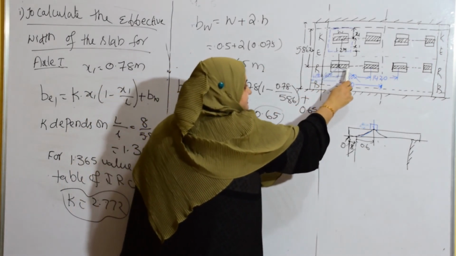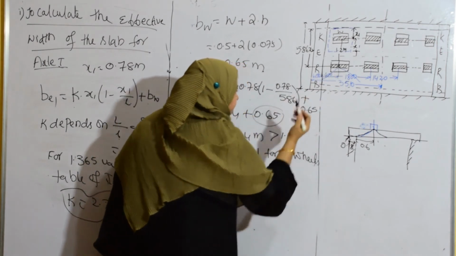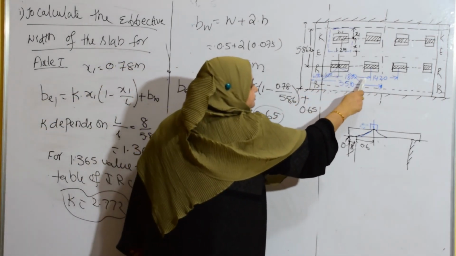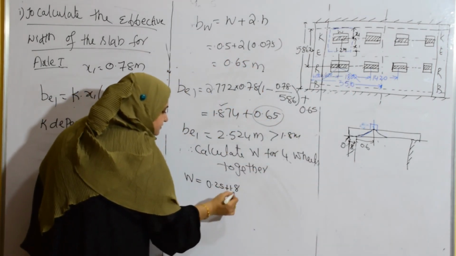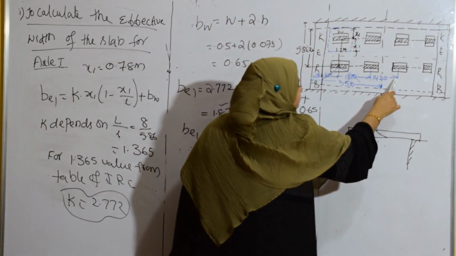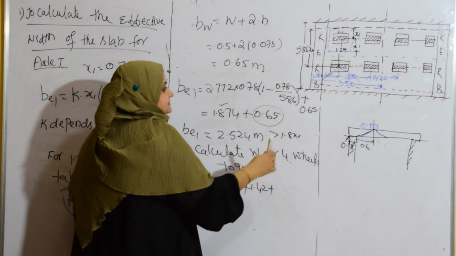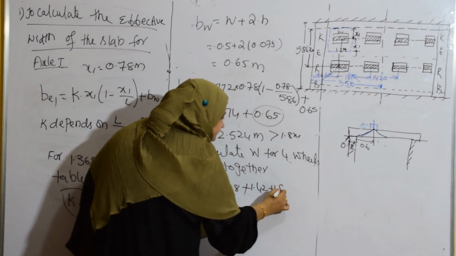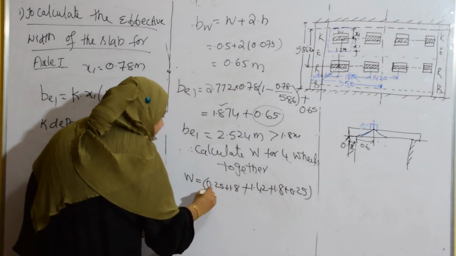This is 250, I am sorry, 0.25, plus center to center 1.8, plus here to here 1.42, plus again from here to here 1.8, plus 0.25. This is four wheels together.